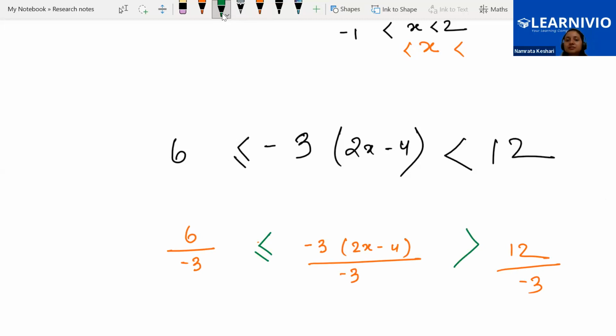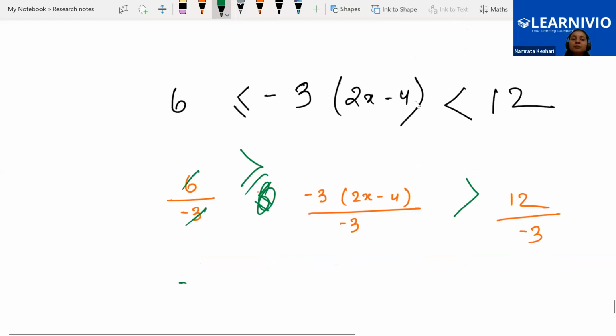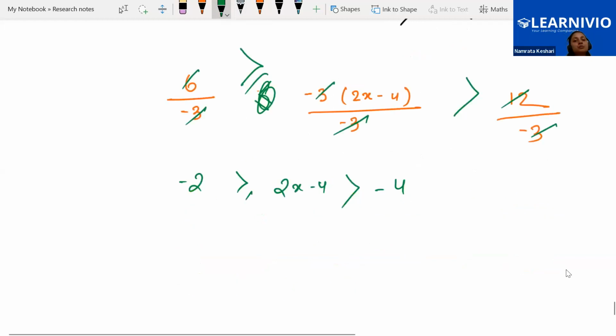Any confusion so far? Here we got minus 2. Here we ended up removing it, which is good. Here we got minus 4. Whatever we got, let's focus on it. Now we will remove 4, and now we will remove 2.